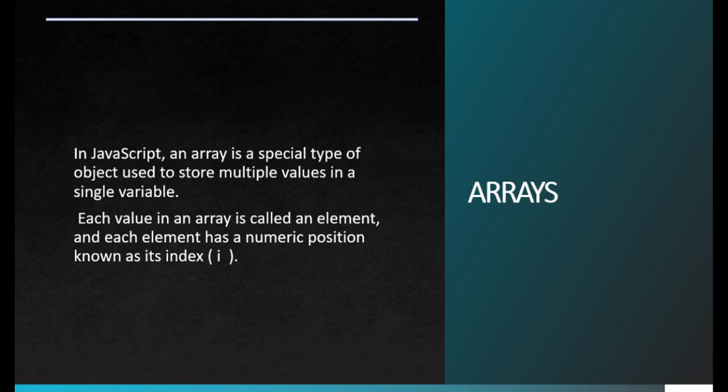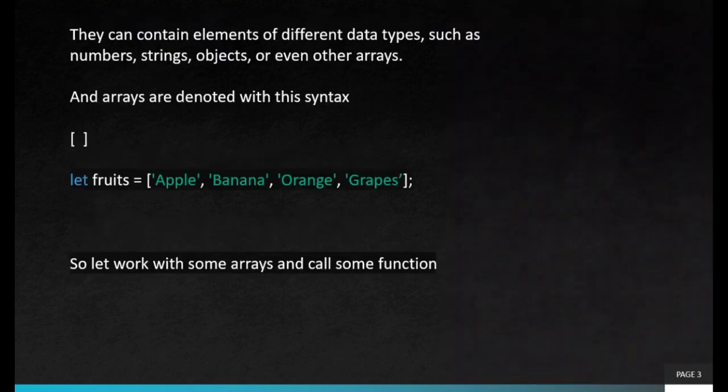And inside an array, the elements are given specific numbers, and those numbers are known as indexes, and they start counting from zero. So if you have an array of three elements, the indexes will be 0, 1, and 2. Get me? So basically that's how an array works.